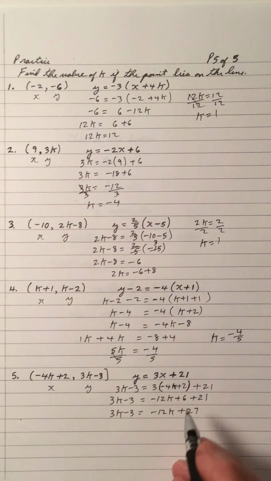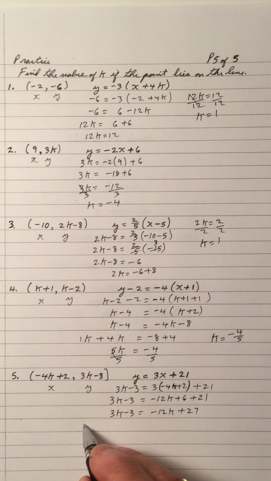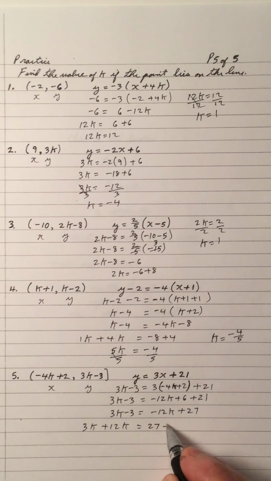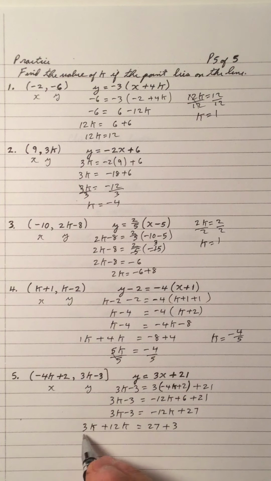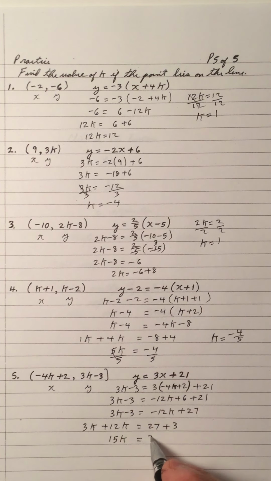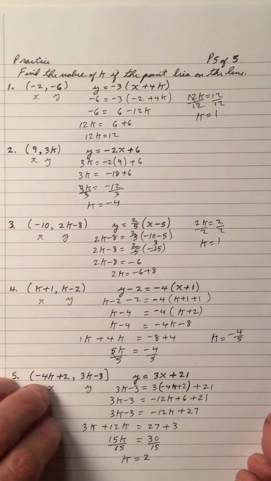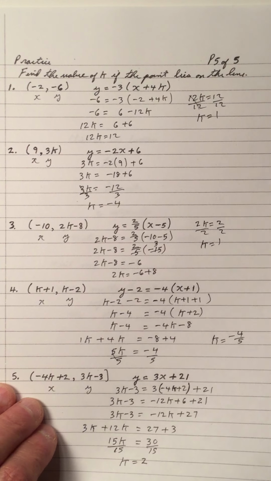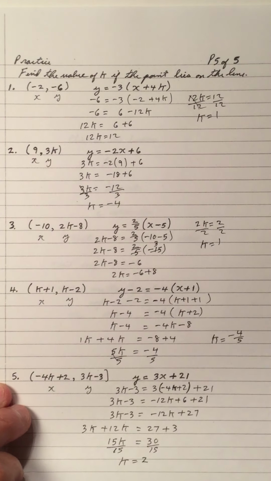After both sides are fully simplified, we transpose: 3k plus 12k equals 27 plus 3. 3 and 12 makes 15k when we add them up, and that makes 30. Then we divide by 15 and we get k equals 2. K is 2. And that brings us to the end of this video on finding the values of the unknown.